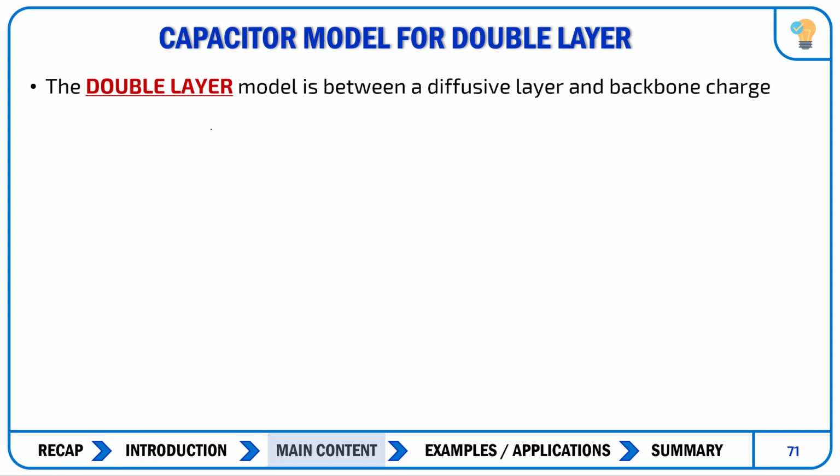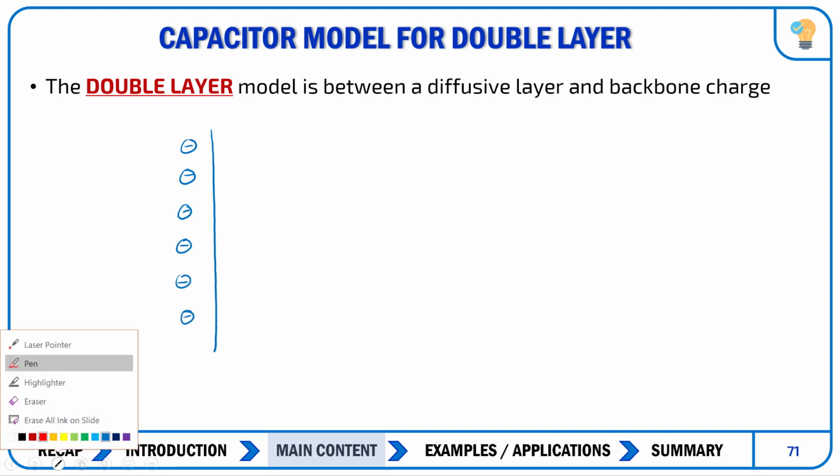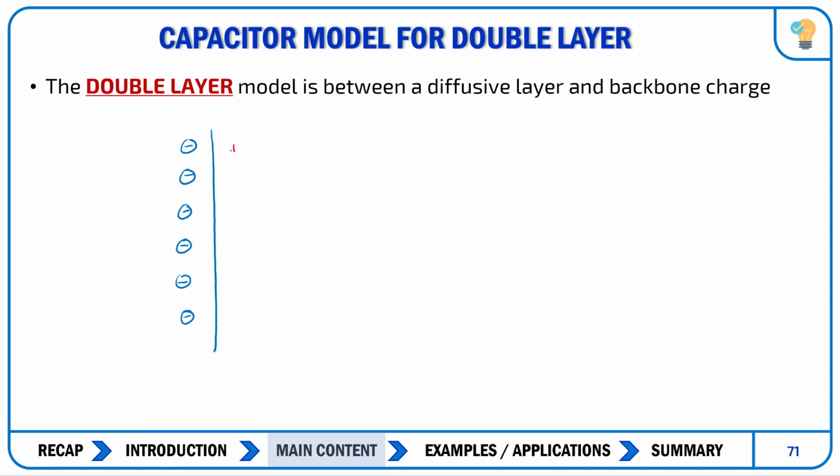So let's take a look here. We have some sort of barrier or surface, and for DNA you have a whole bunch of negative charges on one side. This means that you're going to have counter ions on the other side, with some sort of separation distance x0.